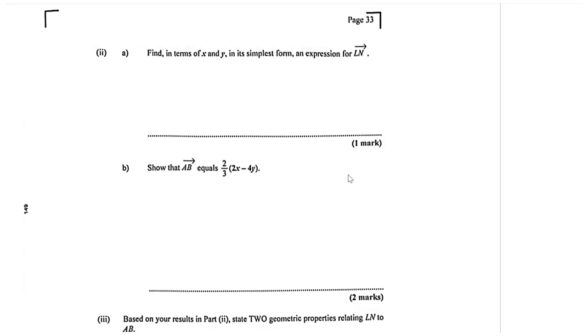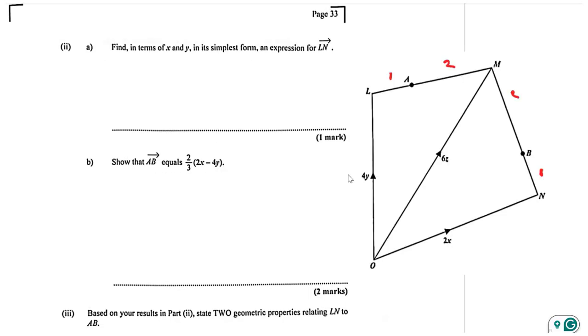Now, again, we are starting at L and we are ending at N. So we need to find an alternative path in the form of a triangle to end at N. Now, this is going to be vector LO plus vector ON.